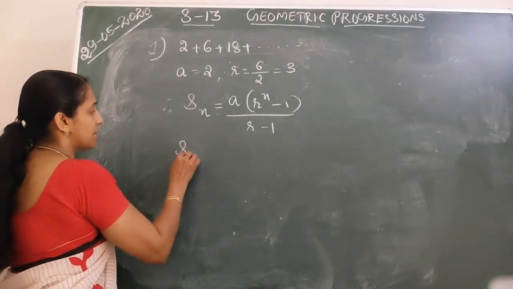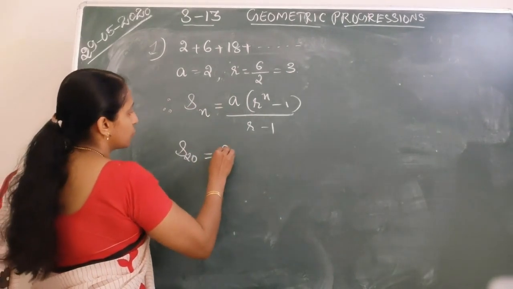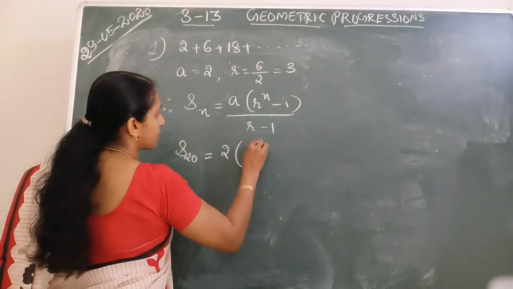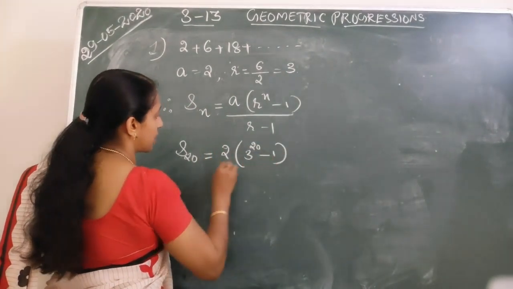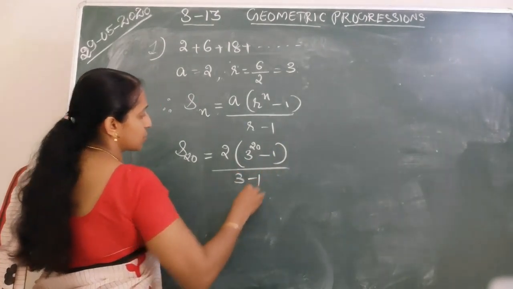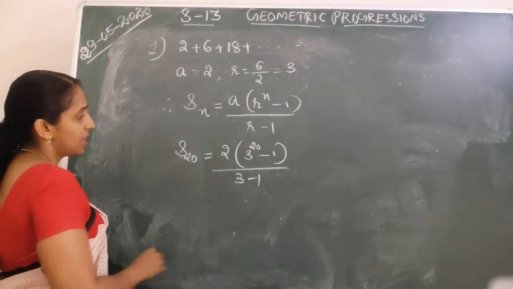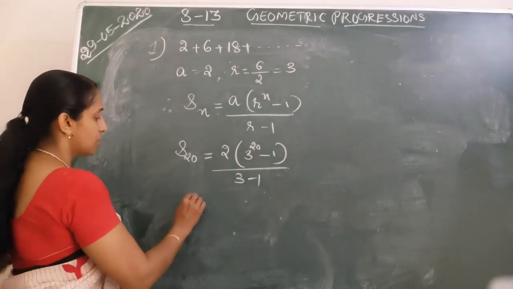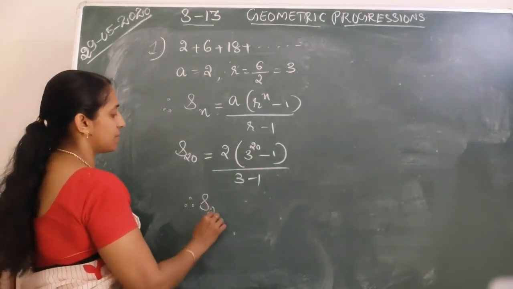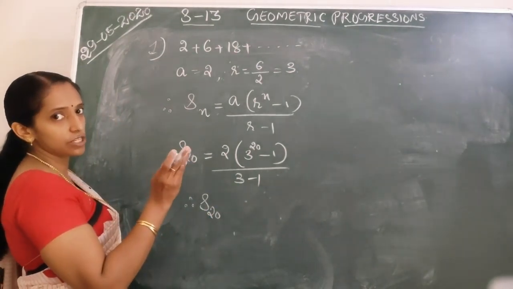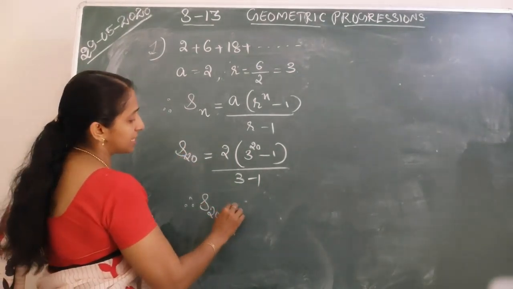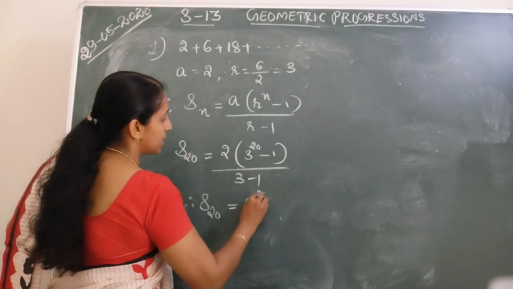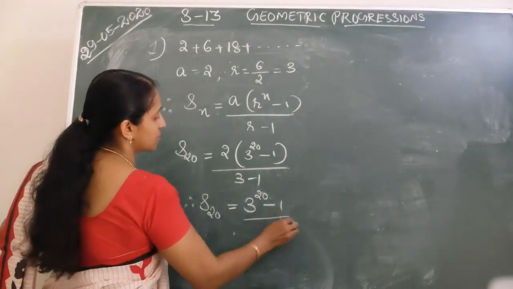So S20 will be 2 into 3 to the power 20 minus 1 upon 3 minus 1. And 3 minus 1 is 2, and the 2s will cancel. So you will get S20 as 3 to the power 20 minus 1.